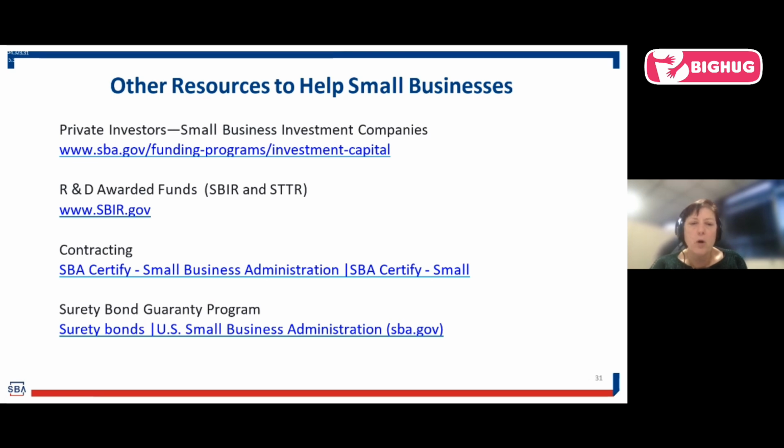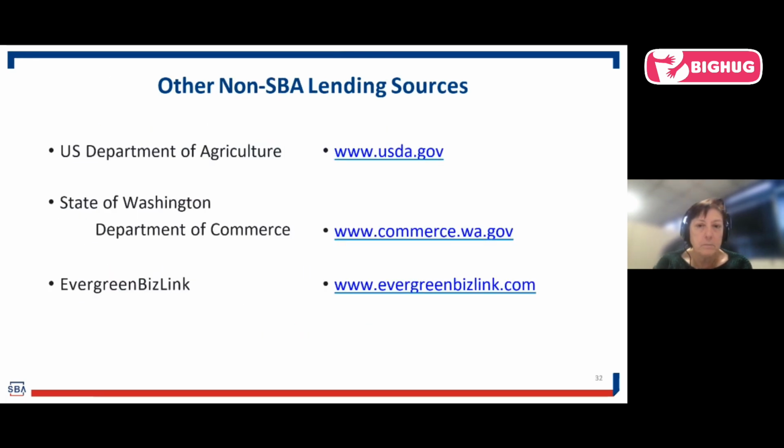Check out our small business investment group and sbir.gov to learn a little bit more about that type of access to capital. And then for contractors, we have wonderful programs for them. I'm not going to get into it in detail. We have our surety bond guarantee program. If you need bonding, it's a great program to look into. Next slide, please.